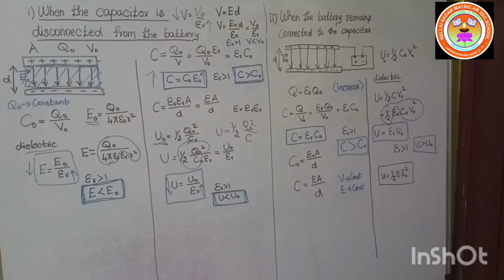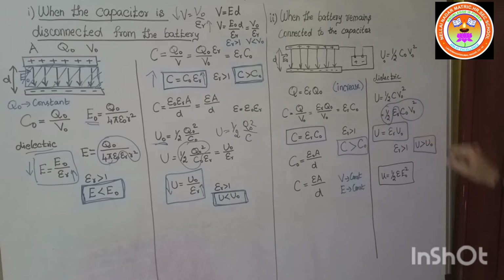Now I am introducing the dielectric slab. If I introduce the dielectric slab, what is the energy formula? U is equal to half C V naught square. Now in the place of C, we can substitute epsilon r into C naught. Next, half C naught V naught square is U naught.